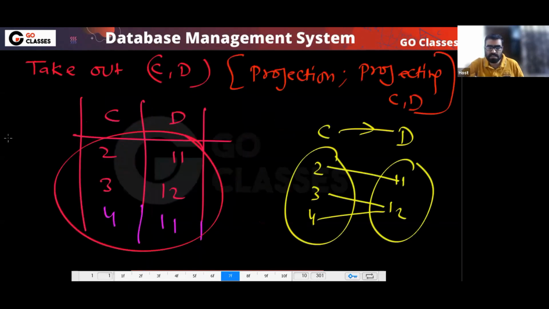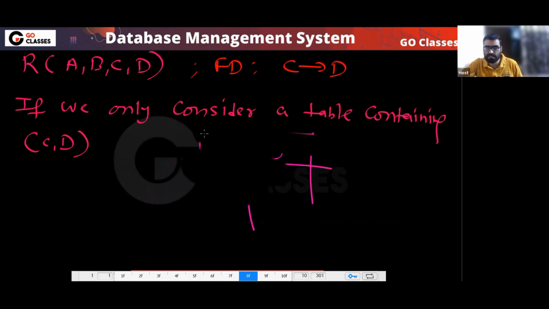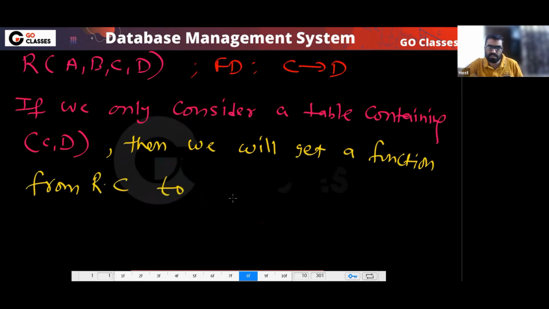So if you only project C comma D, then you will get a function from C to D, from R dot C to R dot D. Because this is the point.